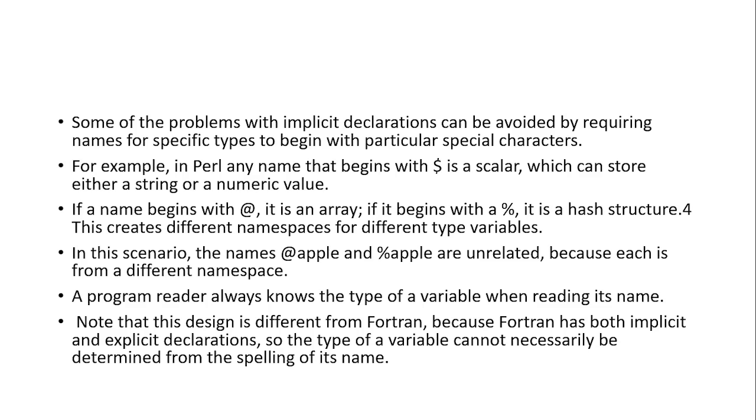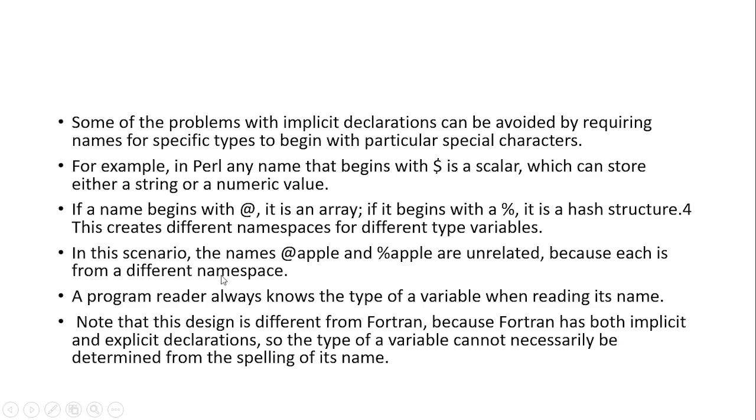If a name begins with an at sign, it is an array. If it begins with a percent symbol, it is a hash structure. This creates different namespaces for different type variables. So the names @apple and %apple are not related because each is from a different namespace.